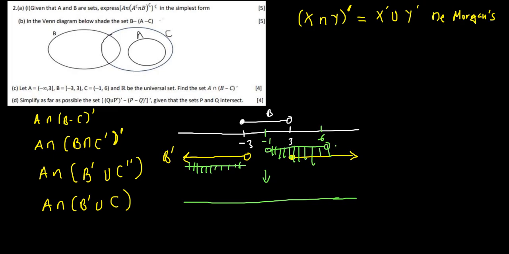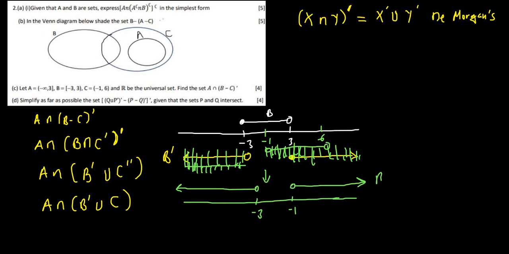So you have combined like this. So you can see that the sets will be from negative 3 going in this direction, and then from negative 1 going in this direction. So combining just means get the sets that you're interested in. The one in yellow together with the one in green, put them together. That's union. So this is B complement union C.